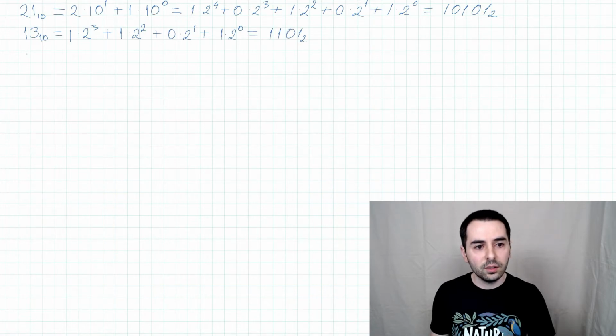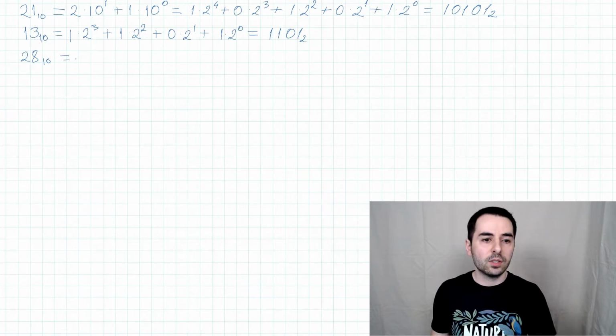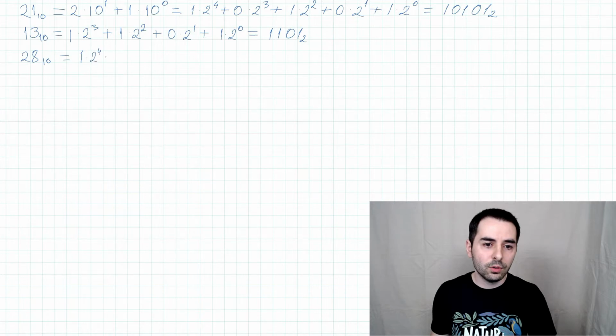And then let's take one more number, which is 28 in base 10. If we see which powers of 2 we have, it's 16, which is 2 to the power of 4. Then we have 8, so that's 24, so 2 to the power of 3, and then we have 24 plus 4, and that's it.